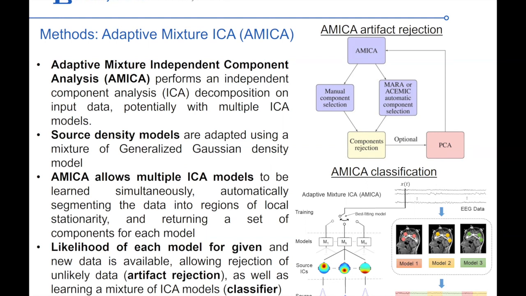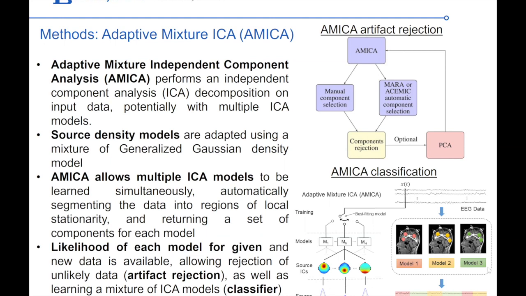The idea is to look into the probability of those models. Some of these models are, of course, artifacts that we need to reject, but some of them are physiological, and we can use them to classify the state of the brain. Here we have 3 models, and there is time series data that goes through different states.